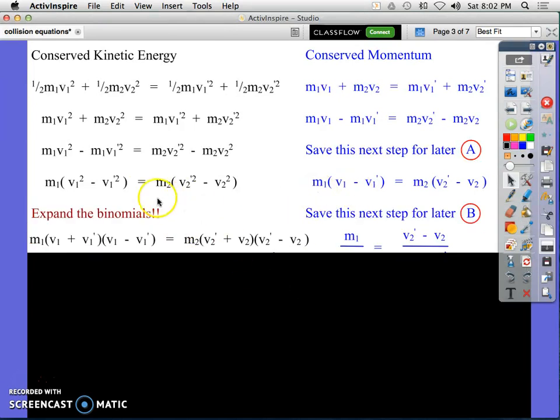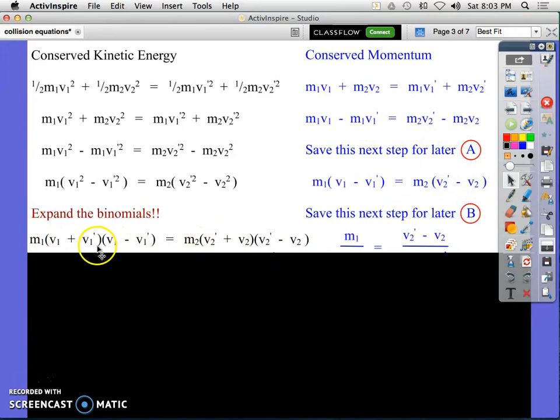You're here, oh my gosh, what are you going to do? You have to have an aha moment and realize, oh, these are binomials. I can expand those. You thought you'd never expand a binomial in real life, here it is. And once you expand that binomial, this part is here.